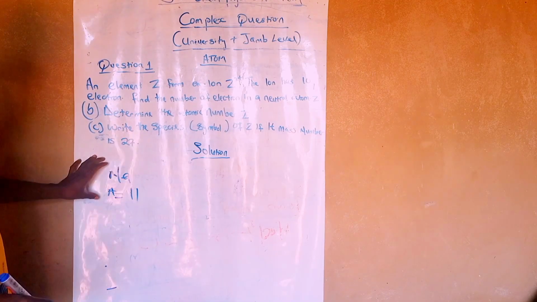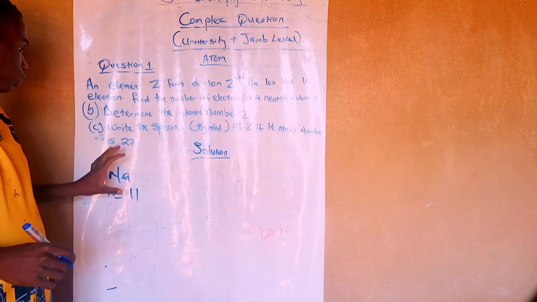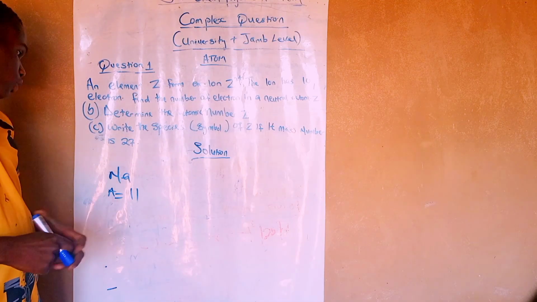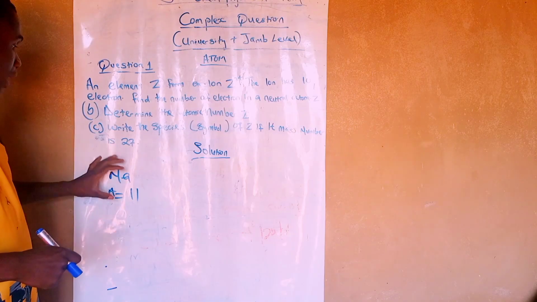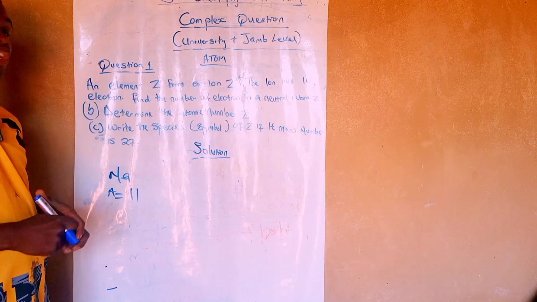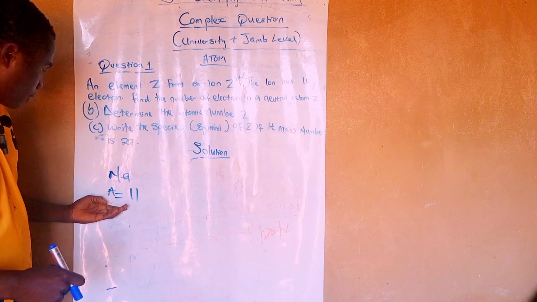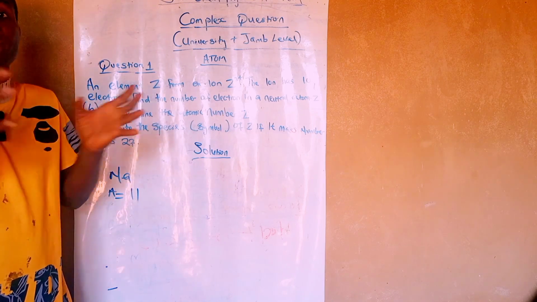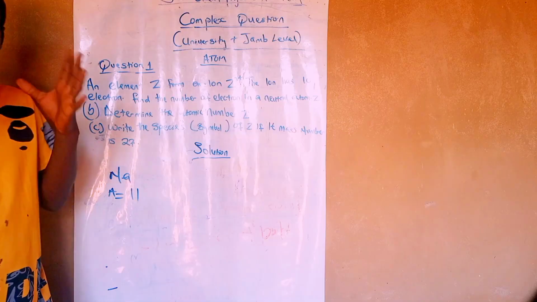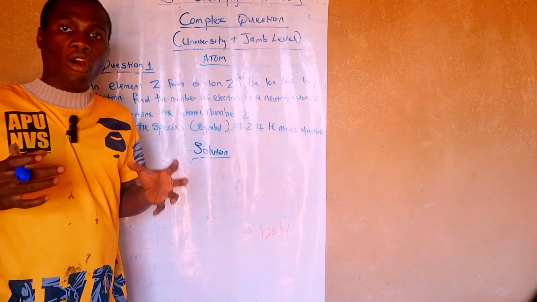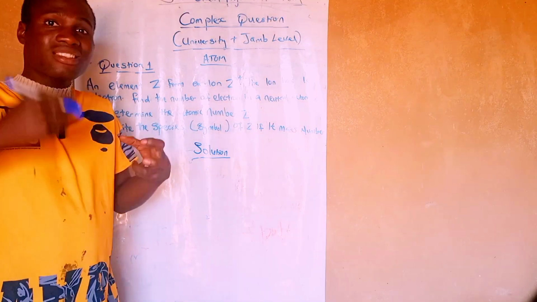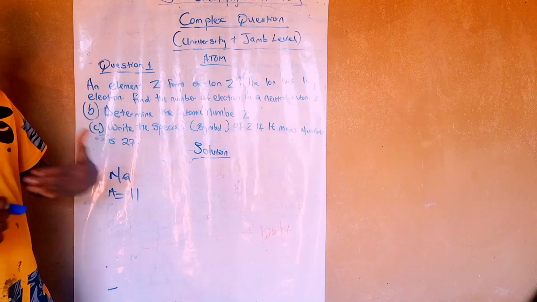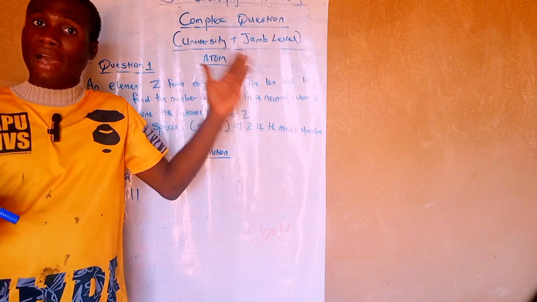In this case, an atom is electrically neutral because the number of protons is equal to the number of electrons.